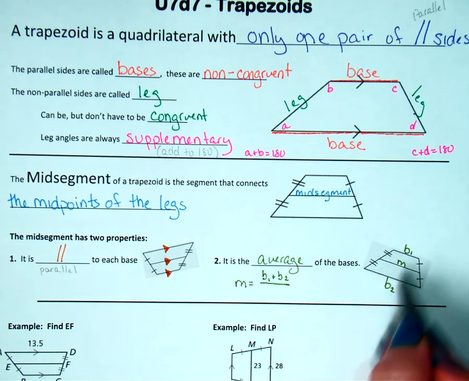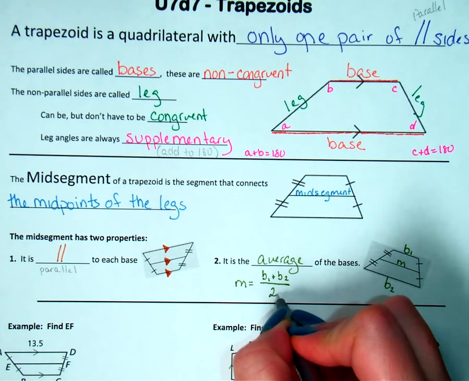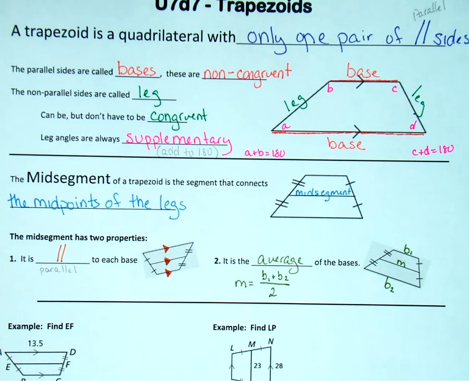Well, there's 2 bases, so we divide by 2. So my midsegment equals base 1 plus base 2 divided by 2. Okay? All right. Let's look at some examples.